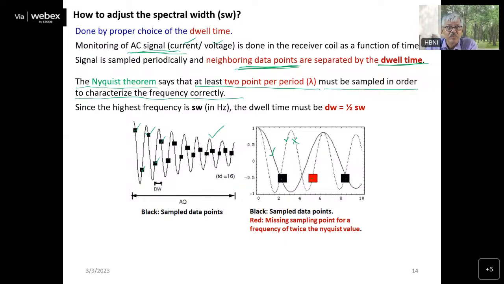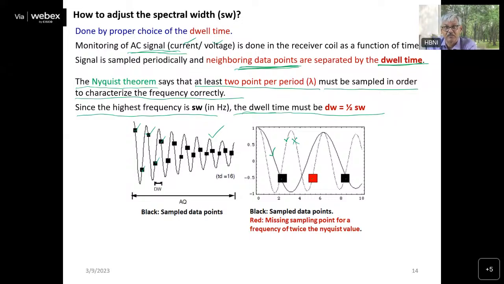We know that the highest frequency is your spectral width, and the dwell time must be equal to 1/2 of the spectral width.